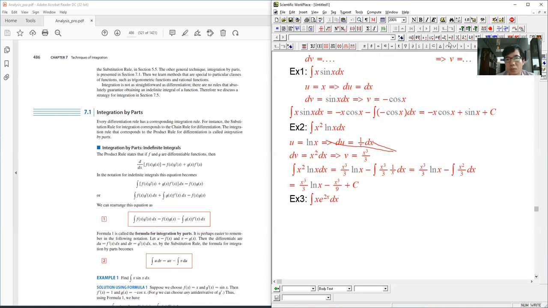And we will choose the first variable u.